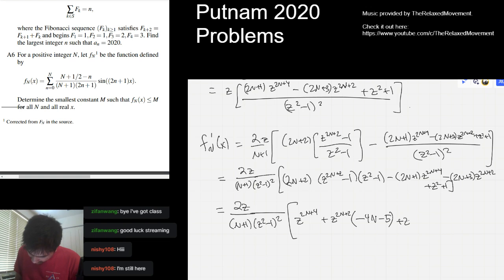The z squared factor will be minus 2n minus 2. Man, this is so bad. This is so ridiculously bad. My goodness. And you need the real part of this to be equal to 0. Oh no.